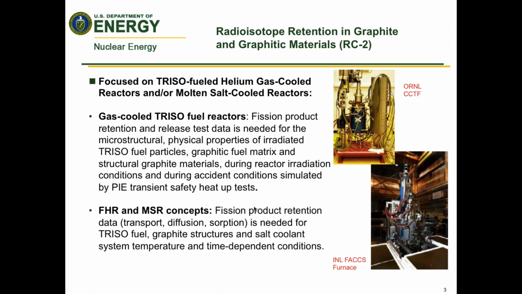And again, we need to know more about how the graphite retains or releases fission products during temperature conditions and system conditions. We have some results already in our conduction cool-down furnace at Oak Ridge, some results from our Idaho National Lab furnace as well as part of the Advanced Gas Reactor Fuel Program.